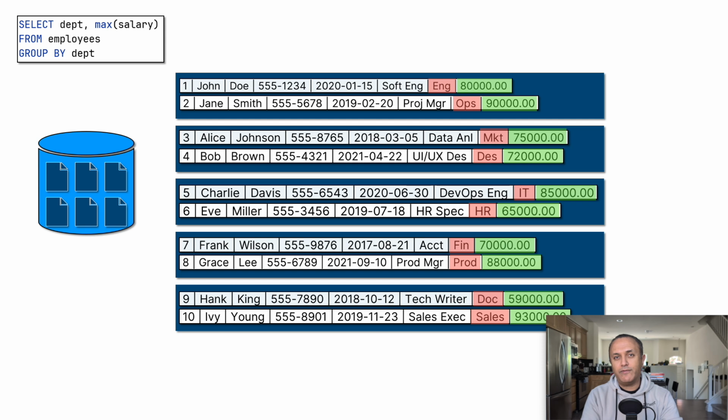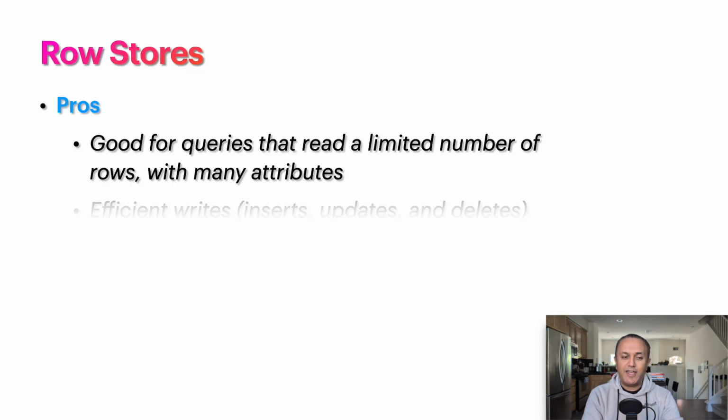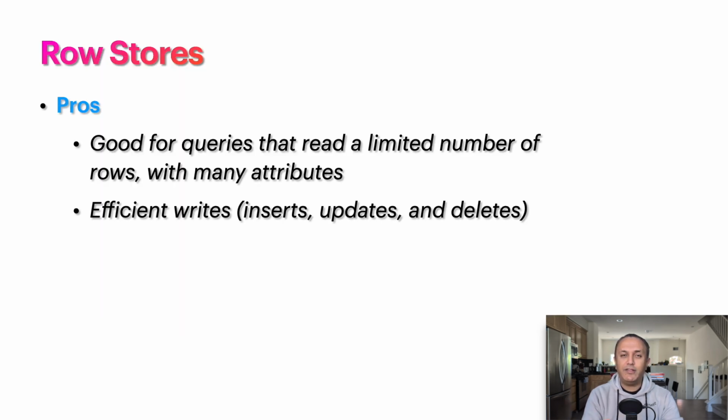There are cases where they work very well. There are cases where they don't work that well. So if we want to summarize what we've talked about so far for row stores, the pros are that they are good for queries that read a limited number of rows with many columns or many attributes. And they're good for write operations: updates, deletes, inserts. Again, because they tend to touch all the data or a lot of the data in a given row, and they only touch a limited number of rows at a time.